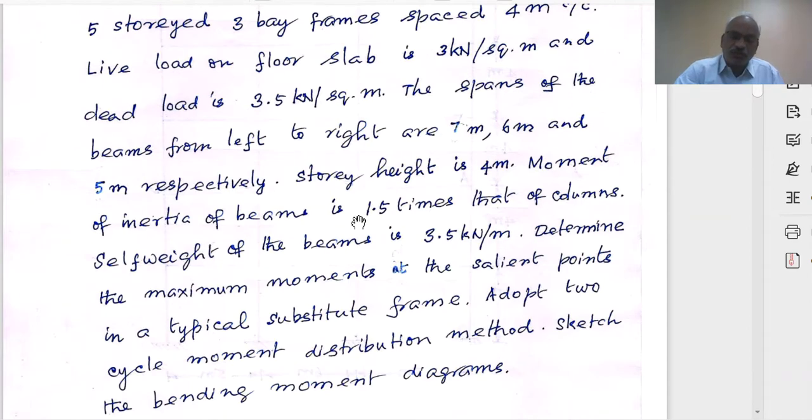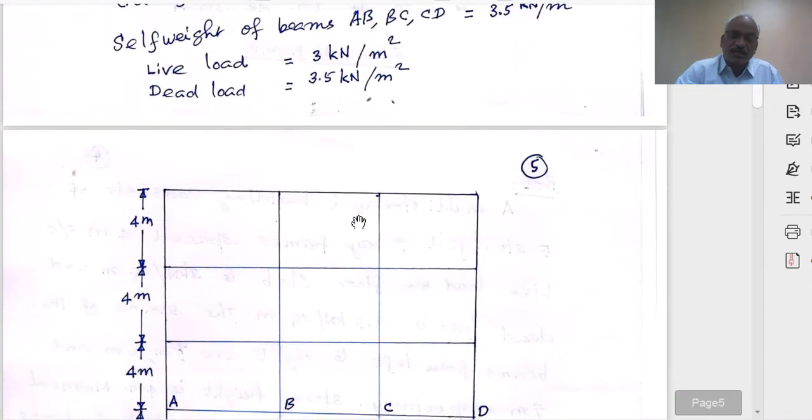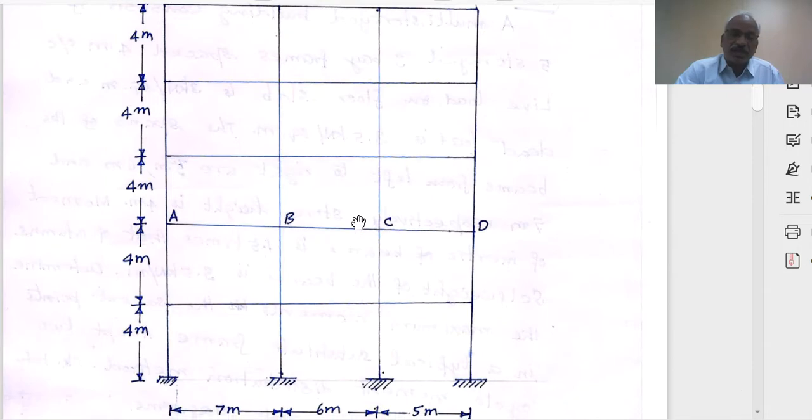Before proceeding further, we will see the cross section of a frame. This is the frame. This bay is 7 meters, this bay 6 meters, this is 5 meters. 5 stories, 1, 2, 3, 4, 5, each 4 meters height. So this is one frame.